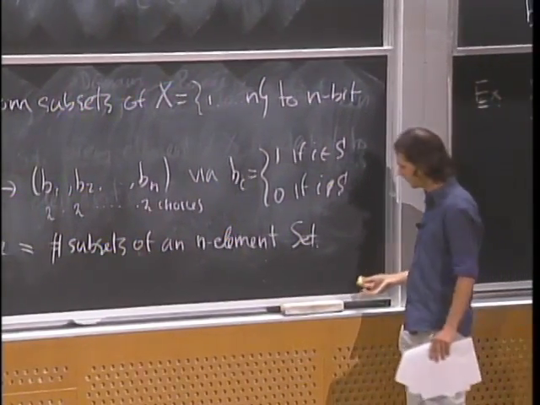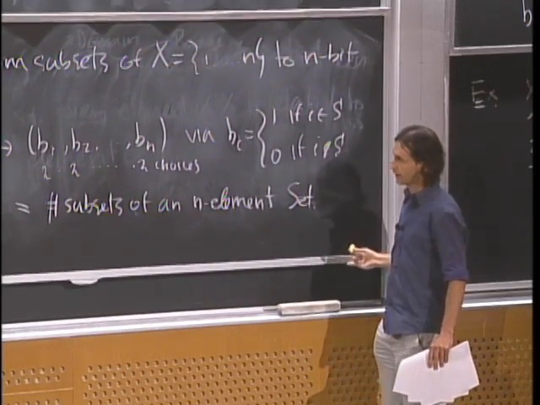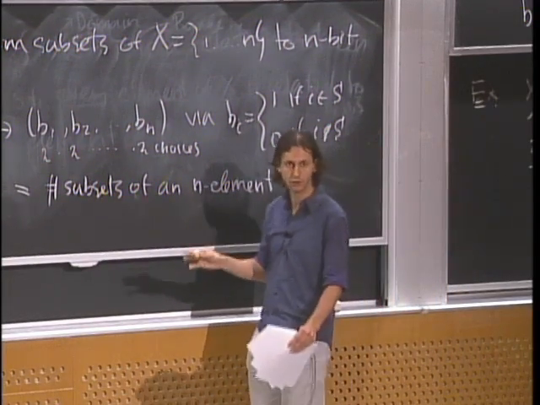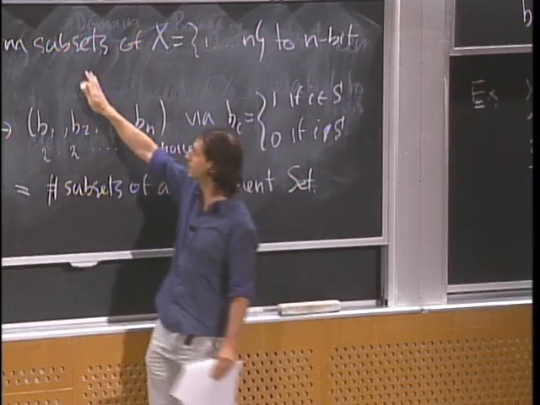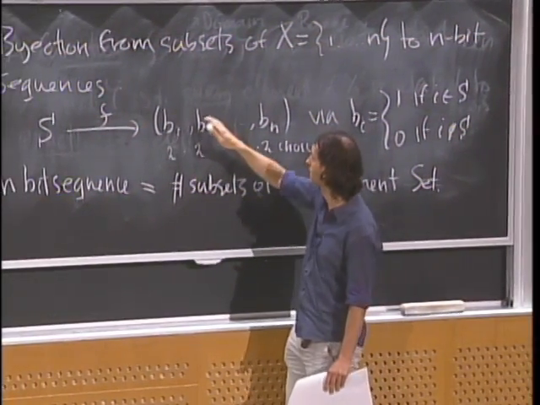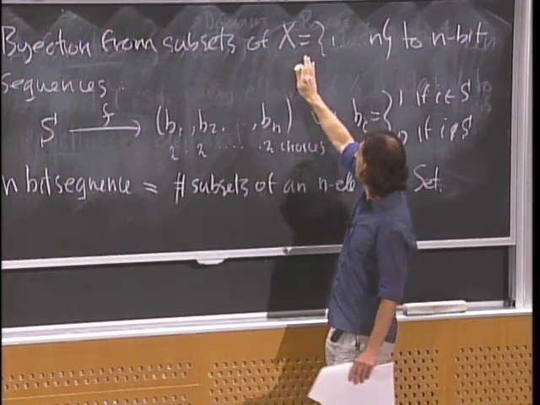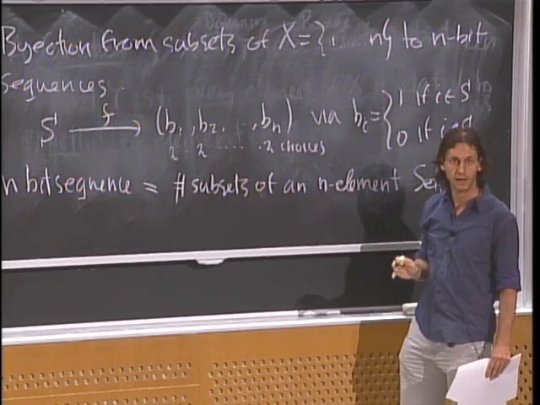So this is a very nice way to demonstrate how we can use the bijection rule to count something that appears to be much harder to think about, to grasp. At least for me it's harder to grasp. So I have a subset that can be any size in a set of n elements.